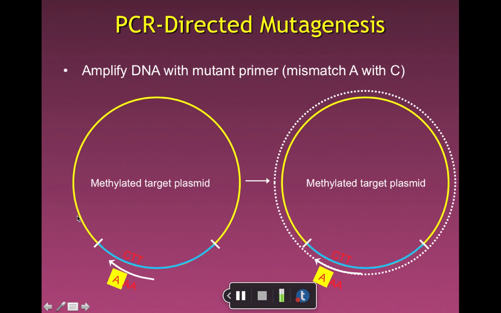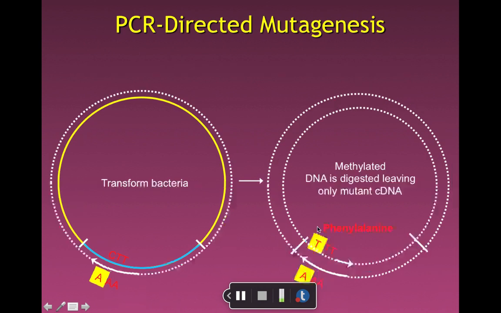So again, you add your primer and your other components for PCR, you run PCR, and then toward the right we have now a double-stranded plasmid that consists of our methylated DNA along with normal DNA, shown in white toward the outer edge. So again, the newly synthesized DNA is not methylated, but the original strand is methylated.